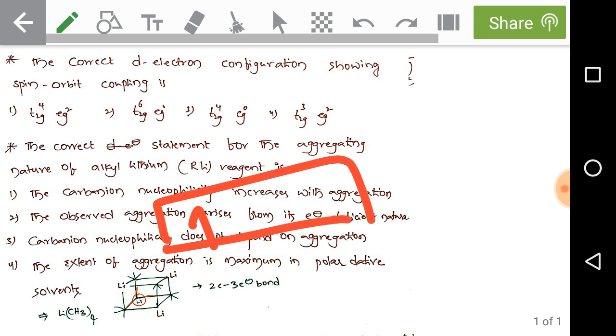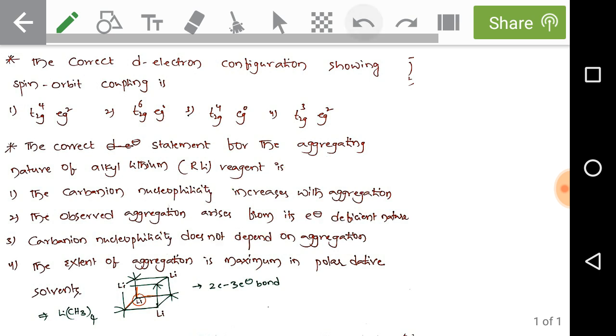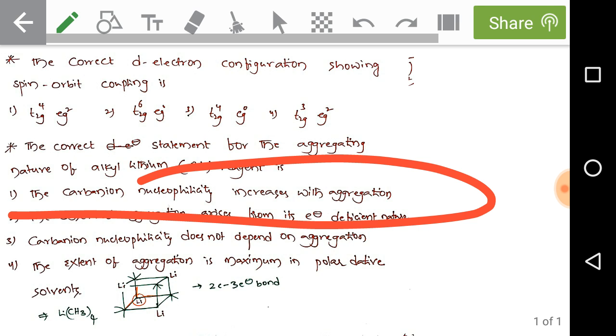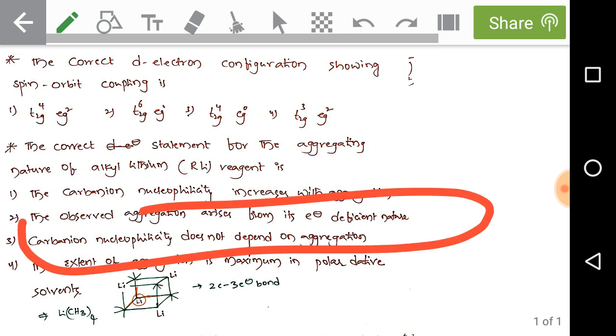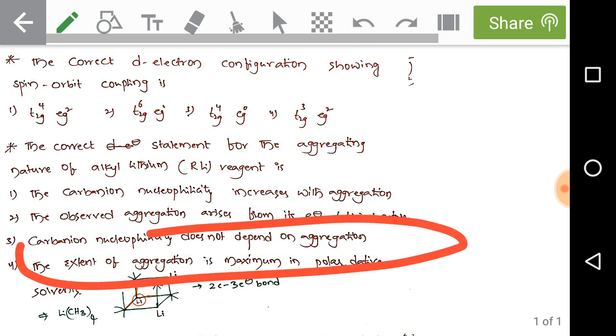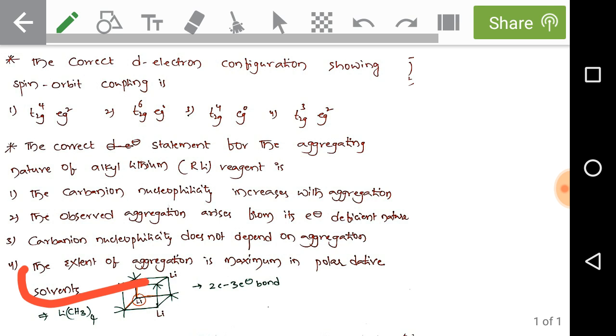Next one, the correct statement for the aggregating nature of alkyl lithium reagent is: the carbanion nucleophilicity increases with aggregation; the observed aggregation arises from its electron deficient nature; carbanion nucleophilicity doesn't depend on aggregation; the extent of aggregation is maximum in polar dative solvents.